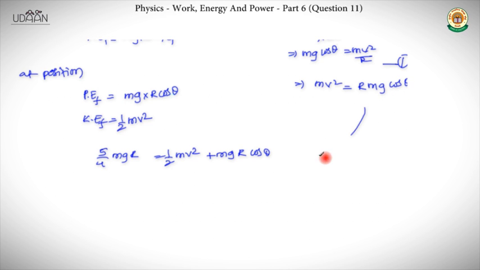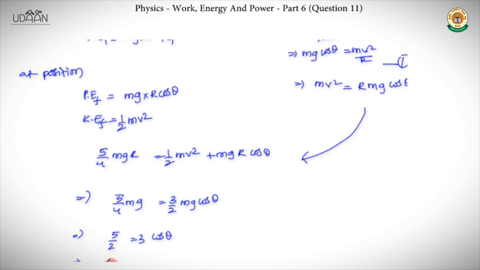By putting this in this equation, we will be getting 5 by 4 mg is equal to 3 by 2 mg cos theta. I am skipping these steps. This will be 5 by 2 is equal to 3 cos theta. That will be cos theta is equal to 5 by 6.